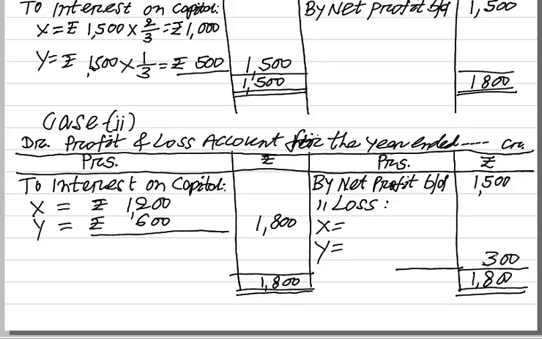Loss cannot be shown in an appropriation account. The 300 will be distributed in the ratio of 2:3. 300 into 2/5, rupees 120. 300 into 3/5, rupees 180. 300.